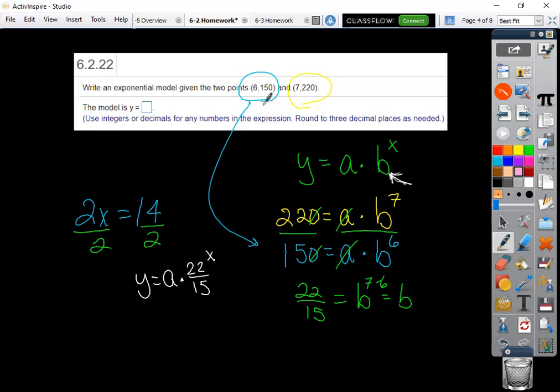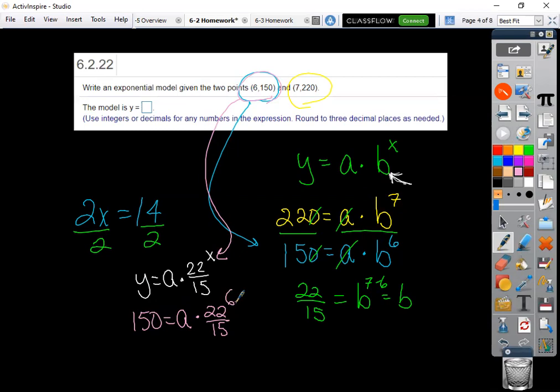I like the smaller number, or sometimes if there's any negatives, I don't like that, so I avoid those. But the smaller number, my y that I'm putting in here, I'm going to put the 150 in for the y. I still don't know my starting number a. My 22/15 is my multiplier for this entire problem, no matter what. And the x that goes with this 150 again is the 6.